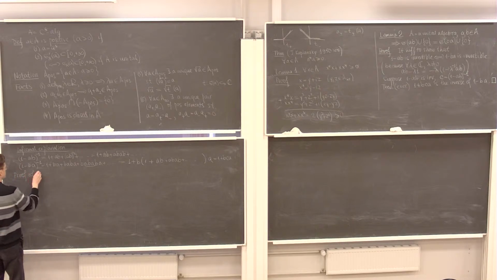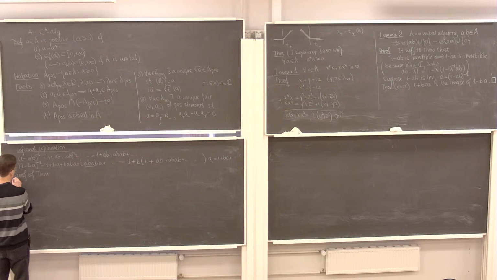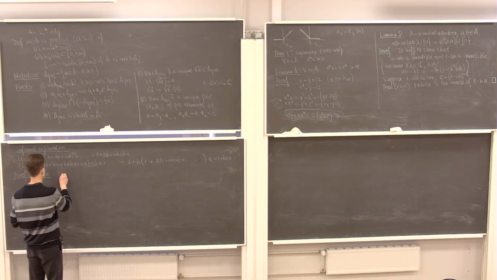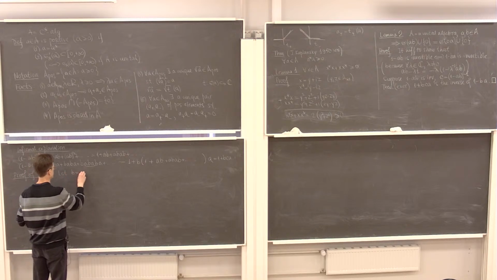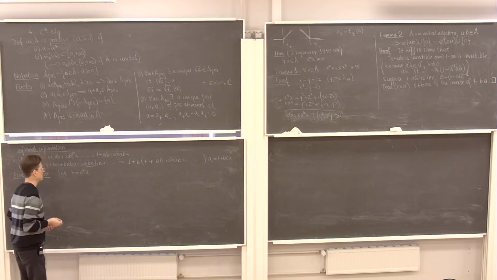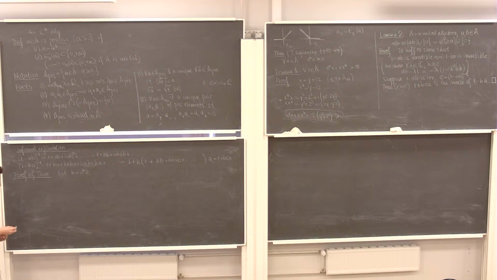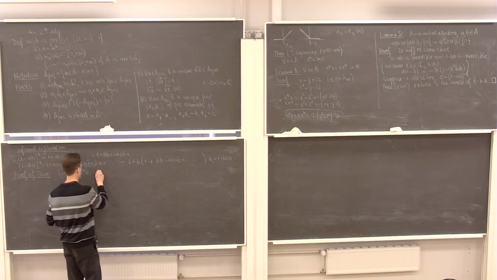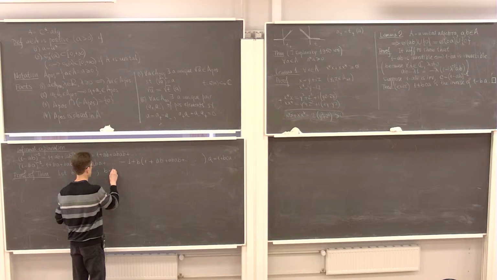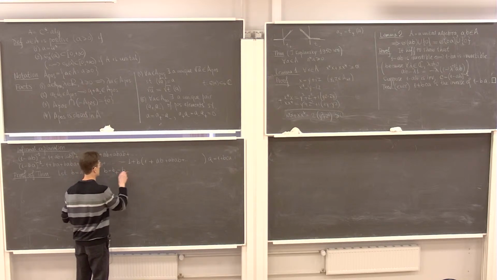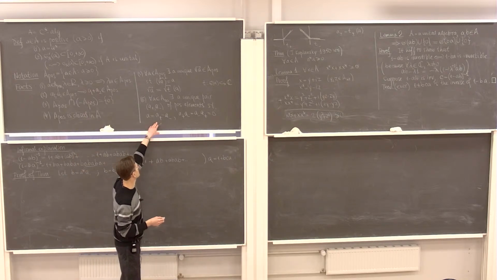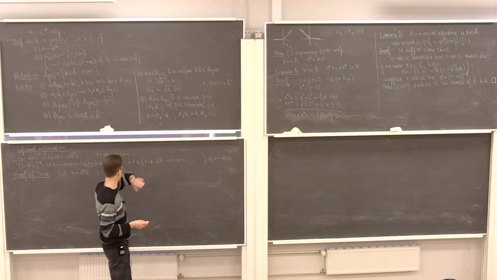Proof of theorem. So let's denote by B our element A star A. We want to show that B is positive. So we write B as B plus minus B minus, just like in this formula.